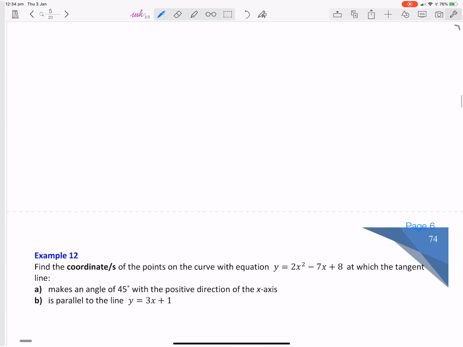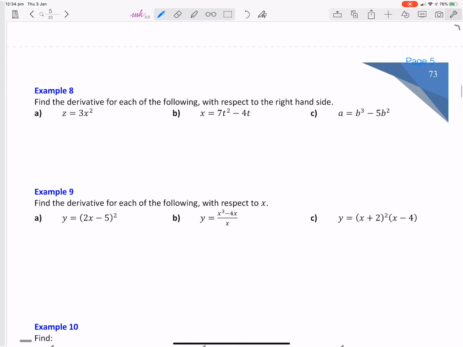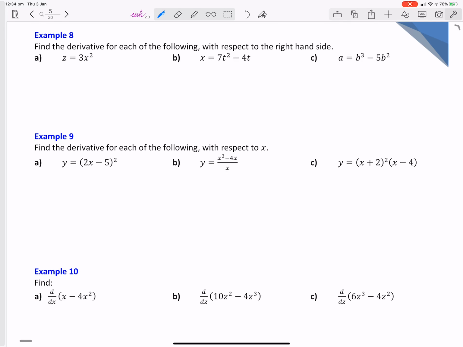Okay, so next we're going to have a look at derivatives where it's not y and x. Instead here I've got z as a function of x, so if I find the derivative, dz dx, that's equal to 6x. So when I derive z with respect to x, dz dx, I get the derivative.